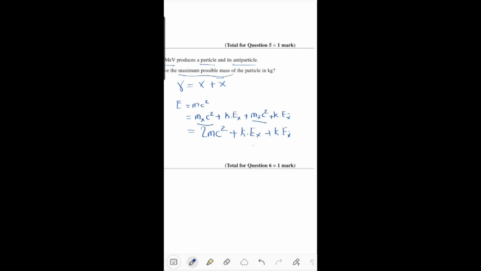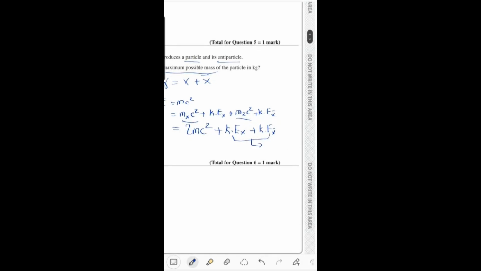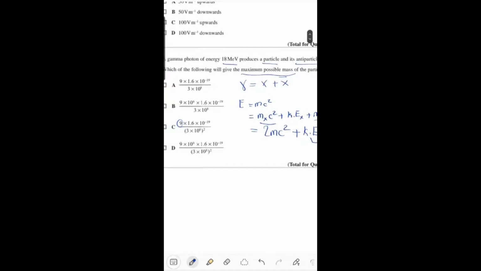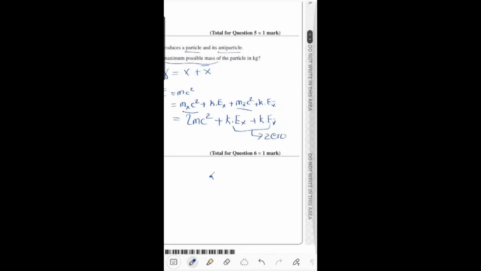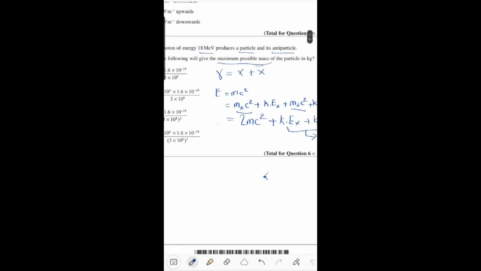Maximum possible mass can be attained if the kinetic energy is 0, as it is just forming, just splitting into particle and antiparticle before it has gained any kind of kinetic energy. So we're going to say 0 to get the maximum possible mass.